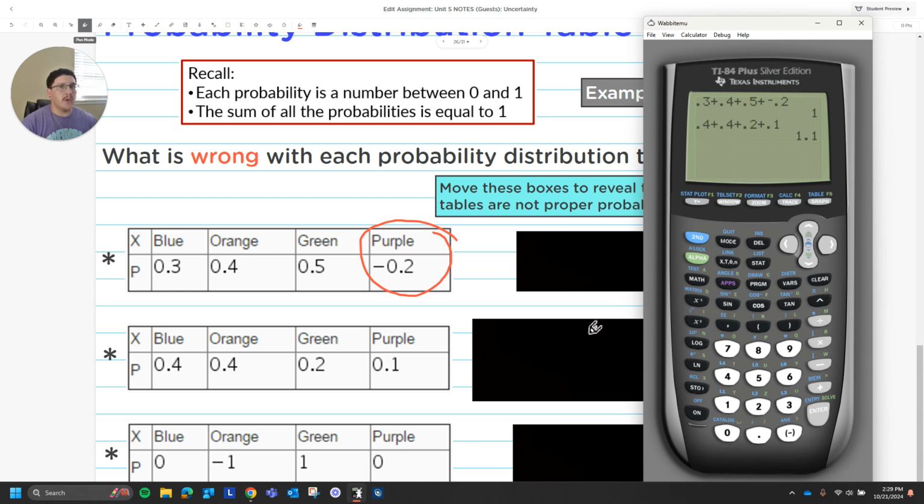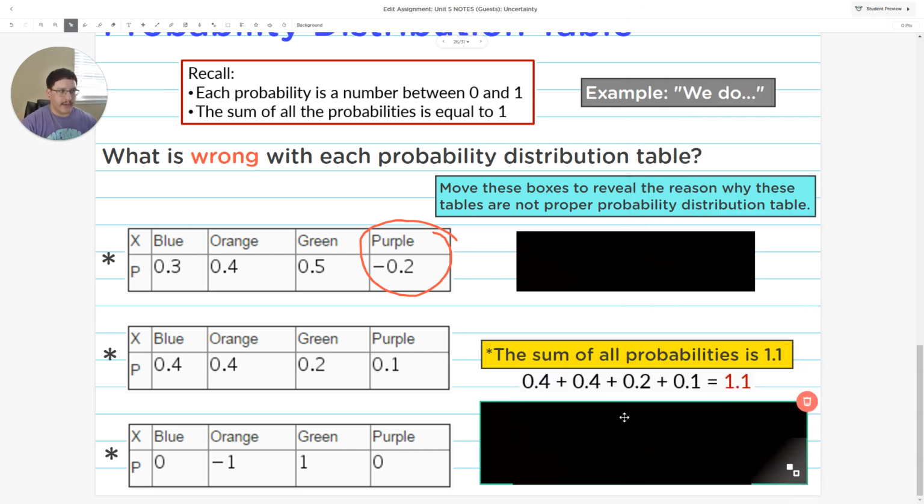It needs to equal 1 exactly. It can't be a little bit over. It can't be a little bit under. It needs to be exactly 1 when you total them up. Therefore, this is incorrect. The sum of all probabilities is 1.1 when it should be 1.